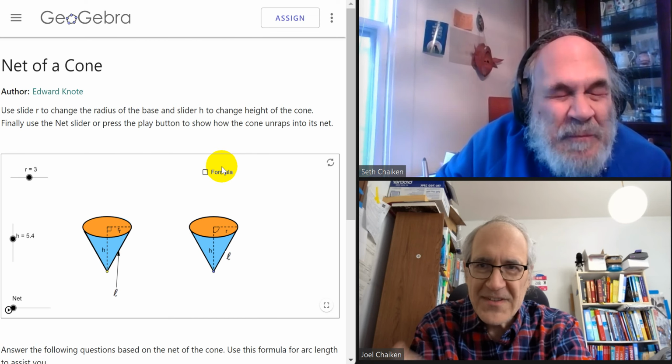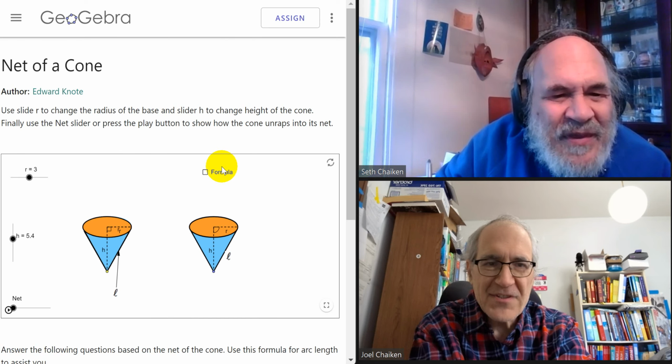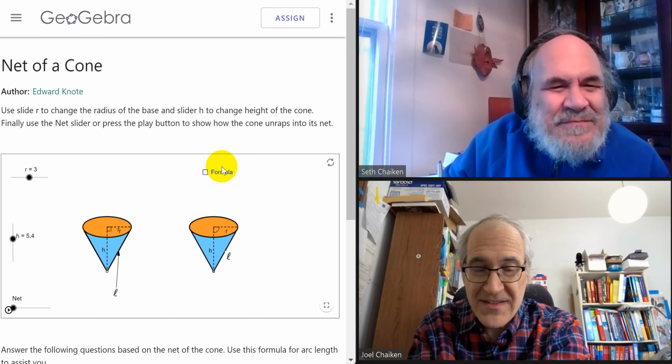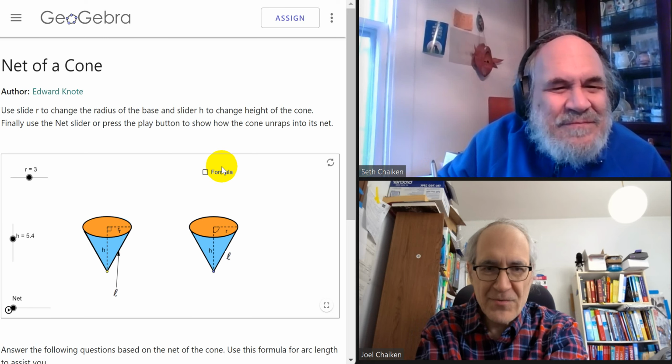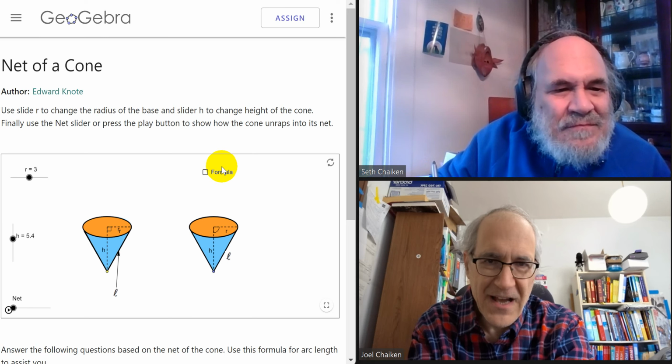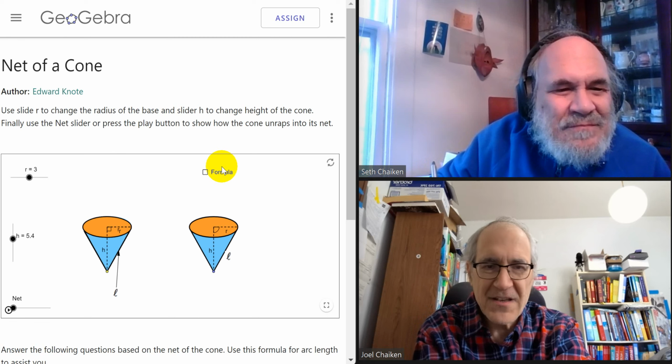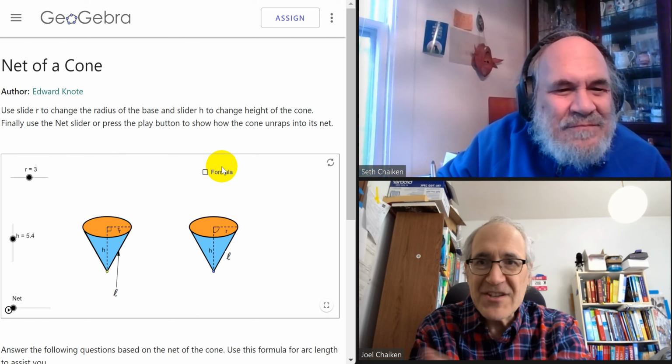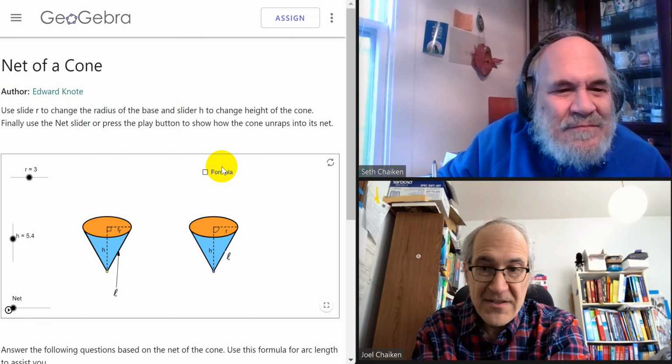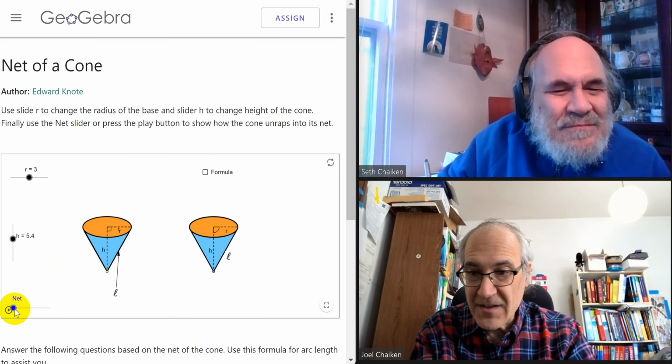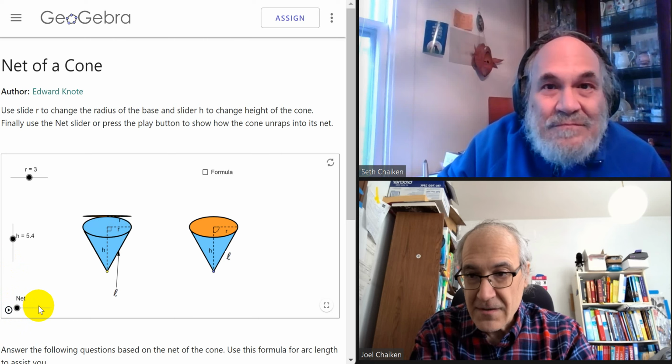So this is the website you go to, and you just type in Google GeoGebra and the number of cones in a box, and you'll see some stuff. This is a great website if you want to visualize stuff. If you're not into the net stuff, this is really an amazing website.